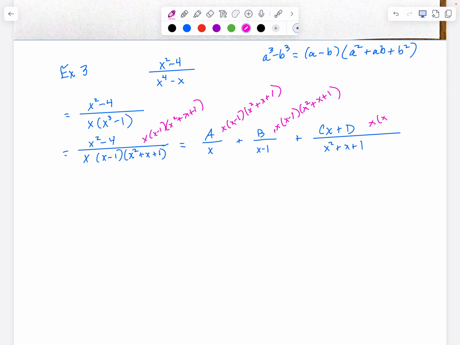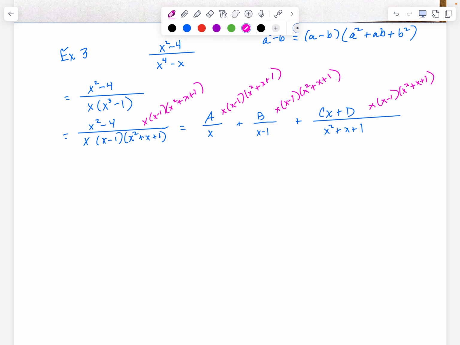And so we get an a plus b plus c times x cubed. We have some x squared terms. So we have a b minus c plus d times x squared.